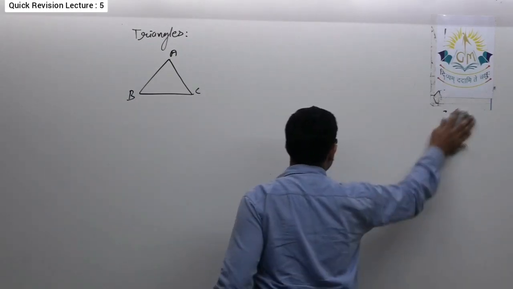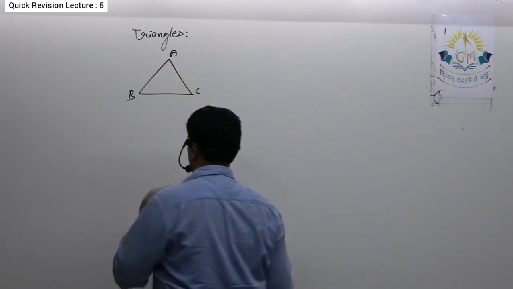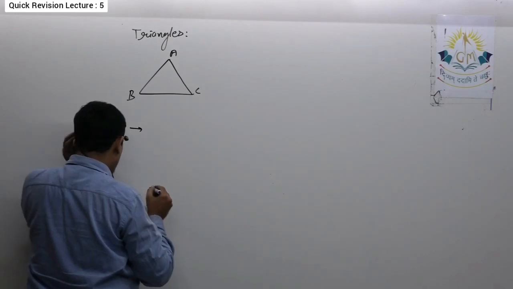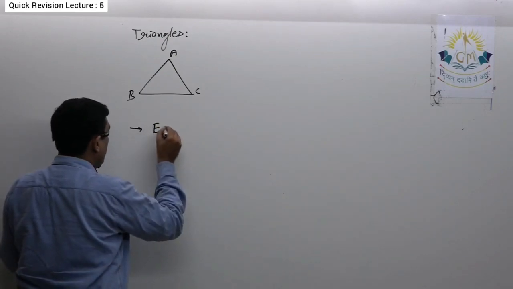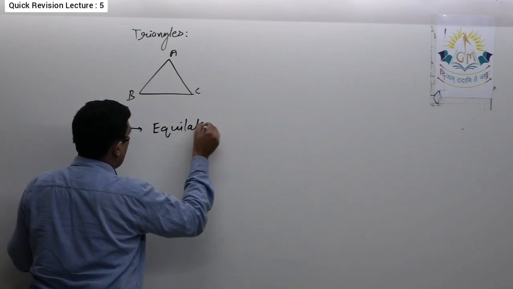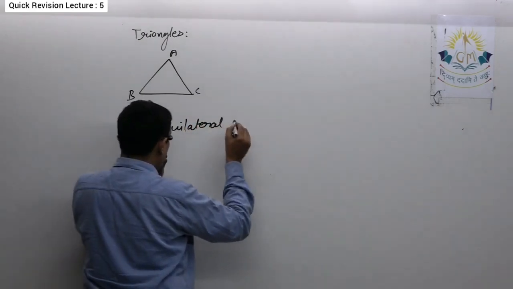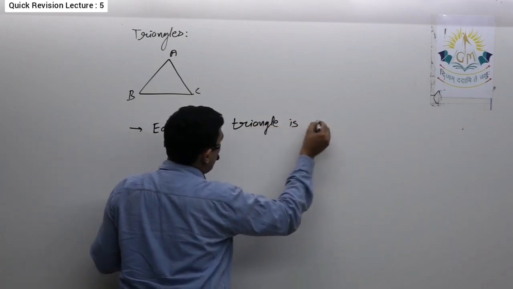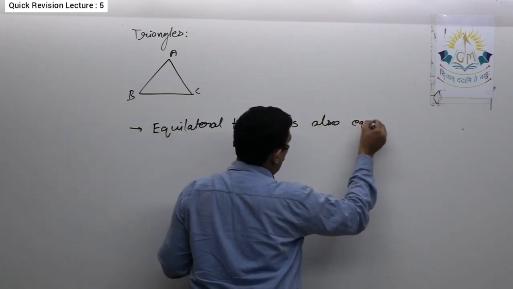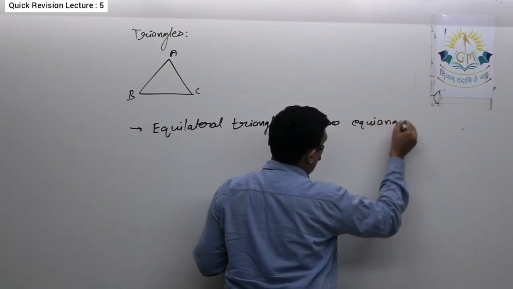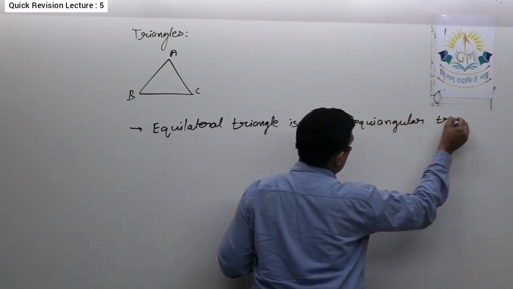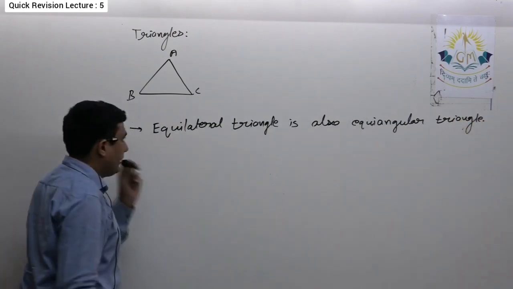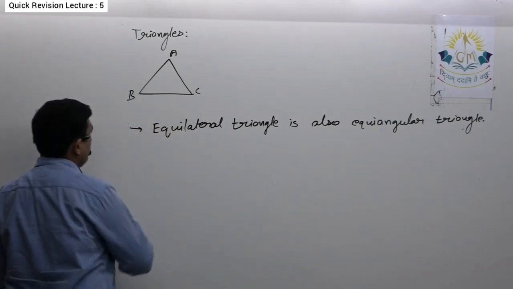So you can write a note: an equilateral triangle is also an equiangular triangle.